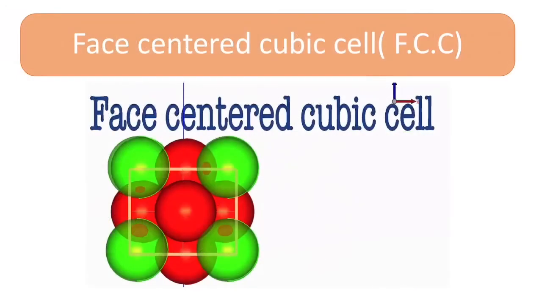Now let's discuss the face centered cubic cell. The face centered cubic cell consists of 6 faces. In each face you have one constituent particle, and on the corners we have 8 constituent particles. So let's look at the animation.